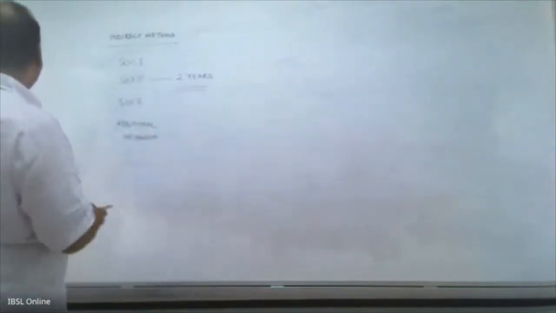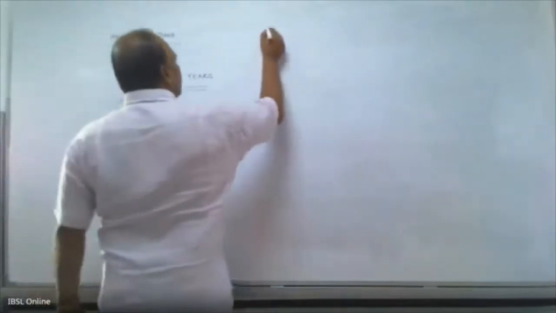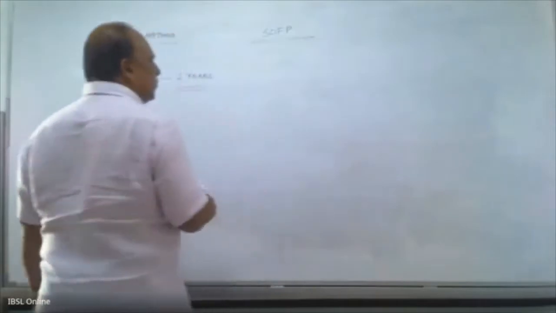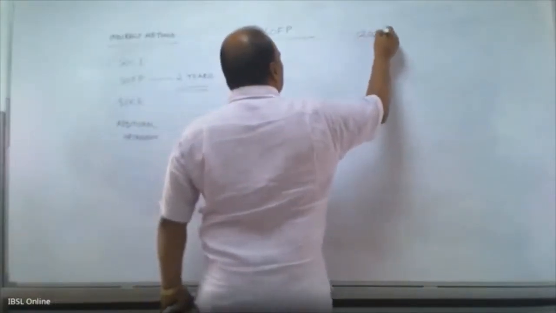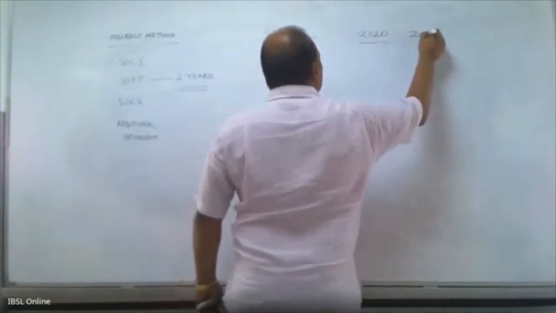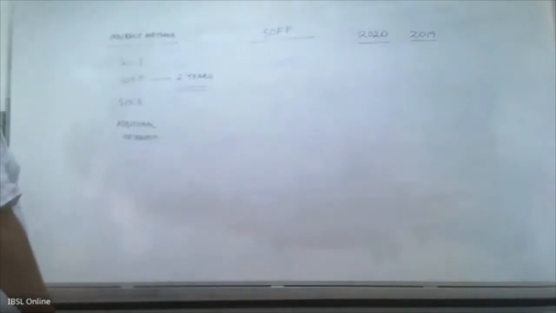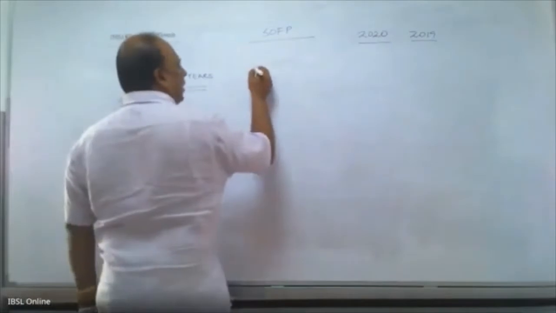So when you look at a financial statement, especially a statement of financial position, I told you it will have the 2 financial years, 2020 and 2019, a comparison of 2 financial years. So the items that we looked at, what are the items?